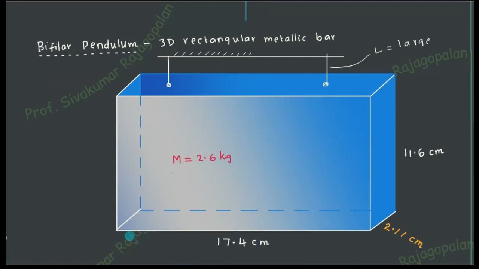In practice, you'll be measuring this with a vernier caliper, and the thickness with a screw gauge, etc. But for the time being, as you are not going to do these measurements, you'll be taking them directly. 17.4 centimeter is the length of the rod, and the thickness is 2.11 centimeter. 11.6 centimeter will be the width or height, whatever you call it.